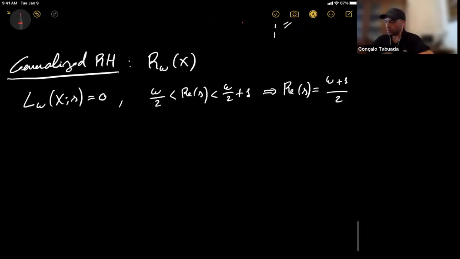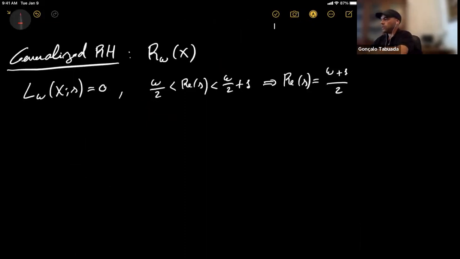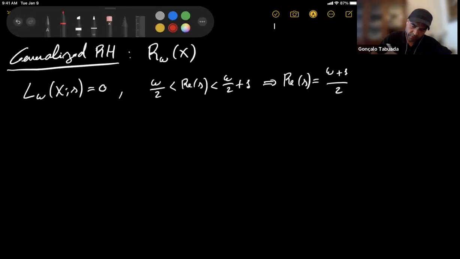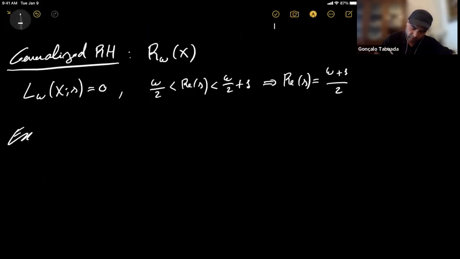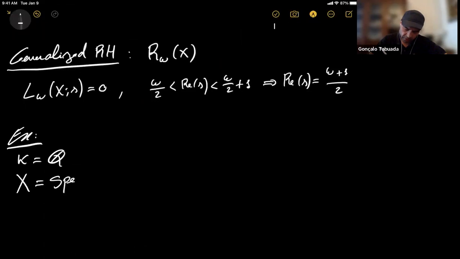Let me just explain why that is the case. Take this very simple baby example: the field being the rational numbers, and for X the simplest thing you could have, the point, Spec Q. Here the weight has only one possibility, degree 0.